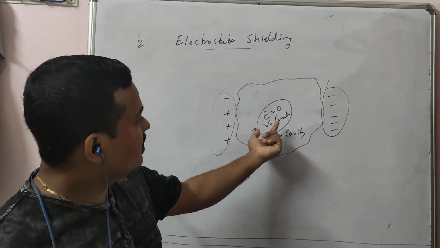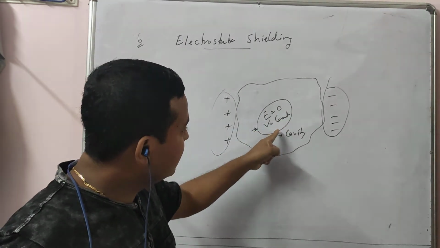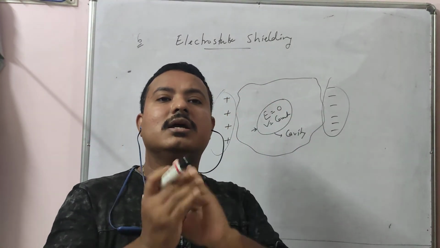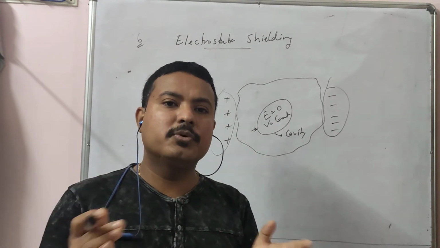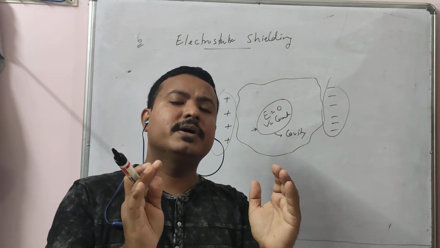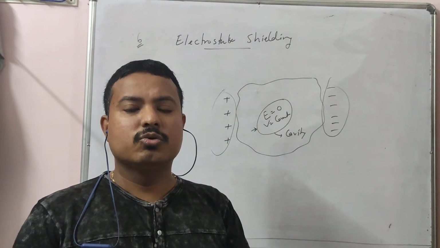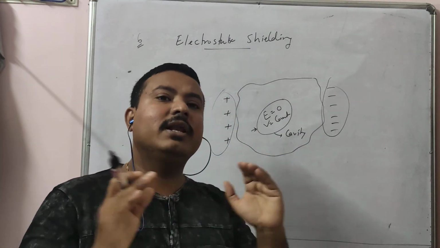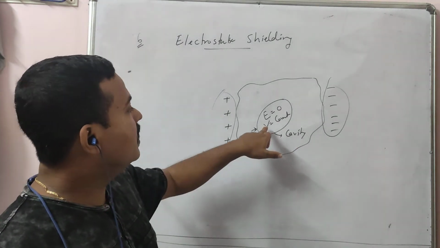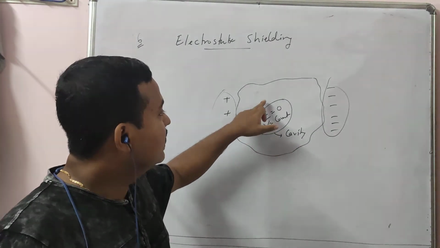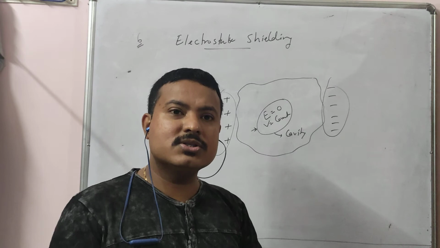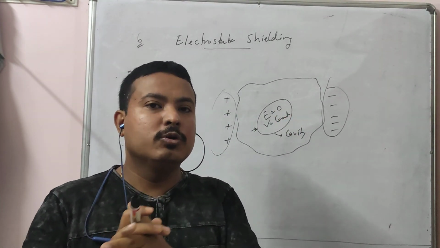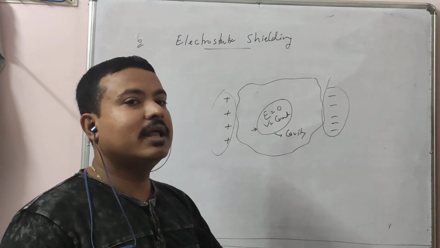So inside the cavity the electric field is zero, which means this region of space is protected from the external electric field. Suppose you want to keep some instruments protected from electric field. Then you can keep the device or instrument in that region, because in the cavity the electric field is zero. So that instrument will be protected from the external electric field.